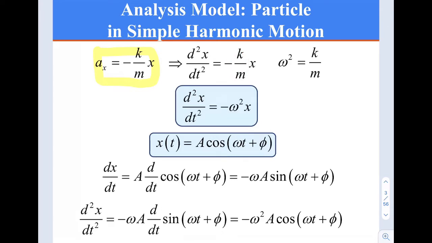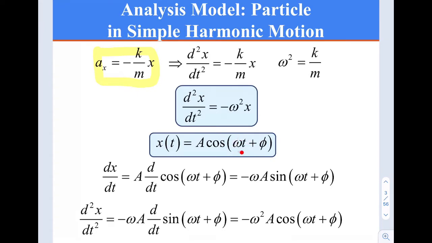So what is our x? Our x is actually a function of time, in terms of a cosine function: a cosine of omega t plus phi. Remember, when you have a cosine function, the whole part inside should be an angle.